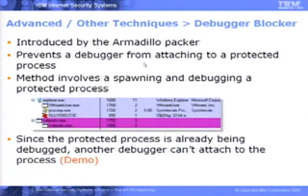So another technique is called the debugger blocker. This was introduced by Armadillo. It prevents a debugger from attaching to a protected process. It involves spawning a child process which will contain the unpacked executable. But when you try to attach a debugger to the spawned process, the debugger will just say that you cannot attach the debugger.